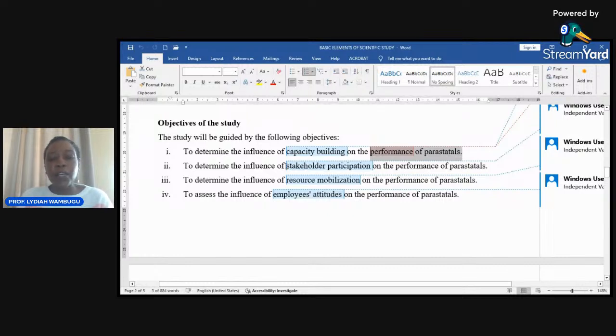The other one is stakeholder participation. Performance, again, is still the dependent variable. Then we have resource mobilization, performance of parastatals, and then we have employee attitude, and then performance of parastatals.